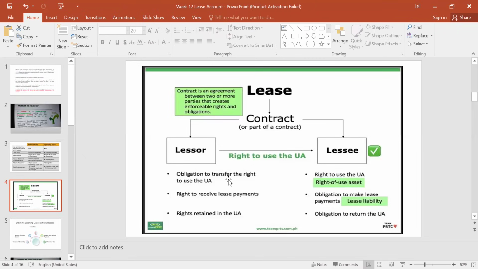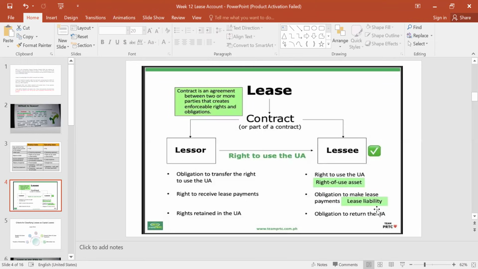Obligation to transfer the right to use the used asset: you have to transfer the right to use. And for the lessee, right to use the used asset, the right of use asset. Right to receive lease payment: lease payment you have to receive on a regular interval.